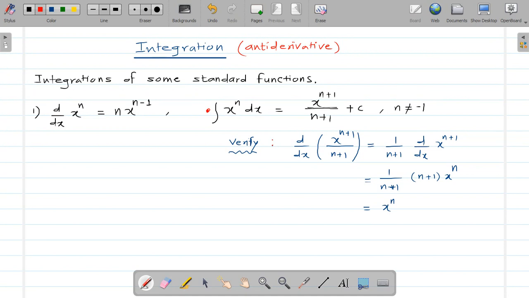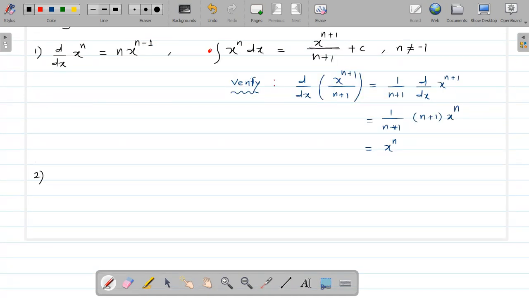Okay. Now let us see the second rule. We know that d by dx of log x, the derivative of log x, is equal to 1 upon x. So what about the integration?